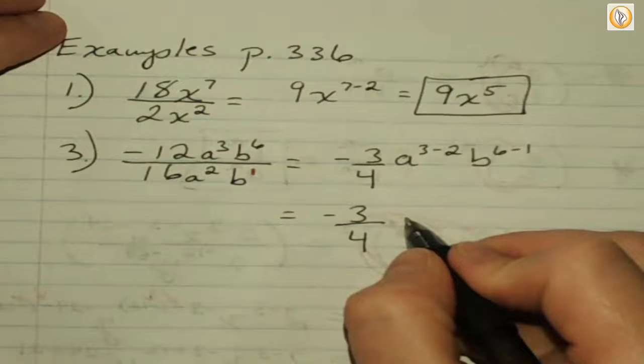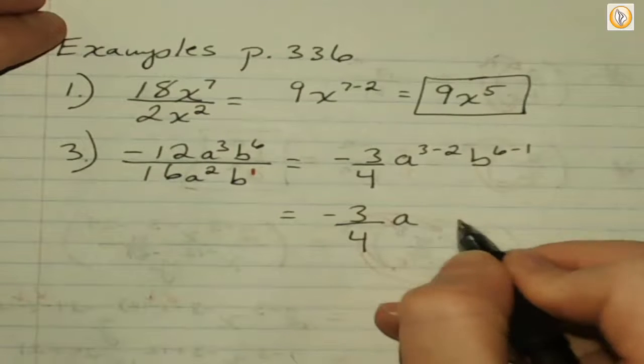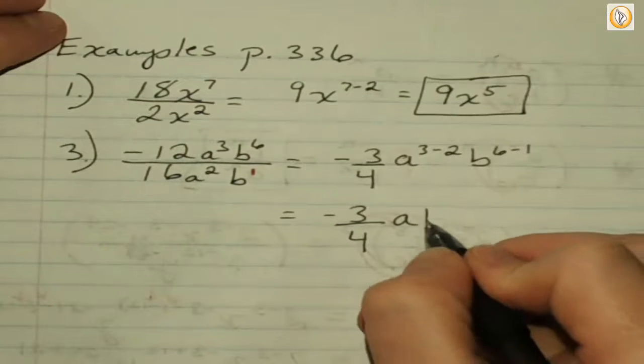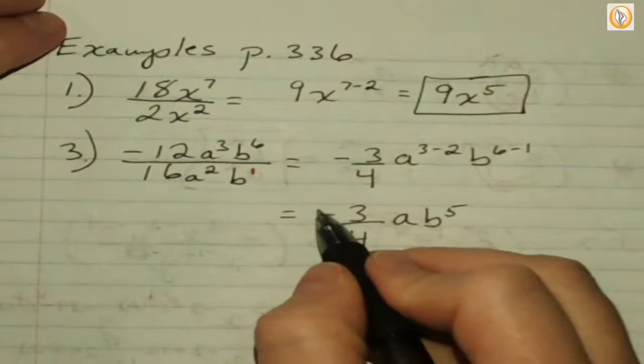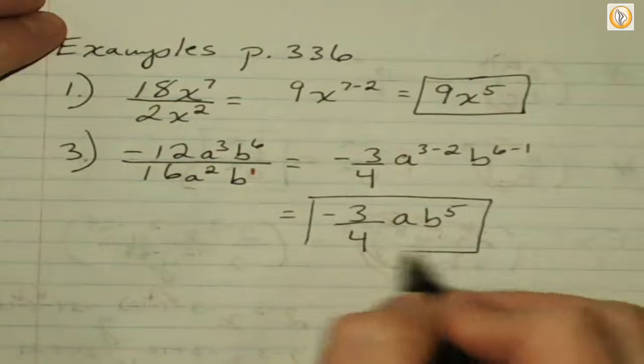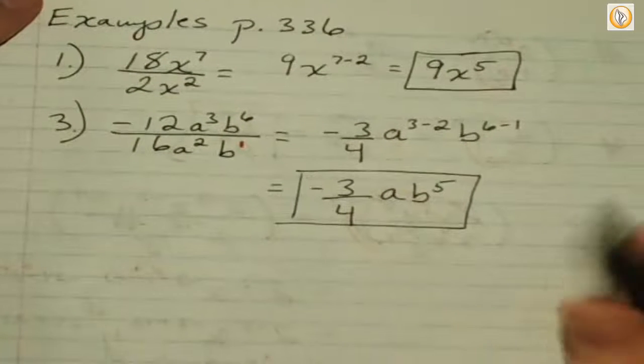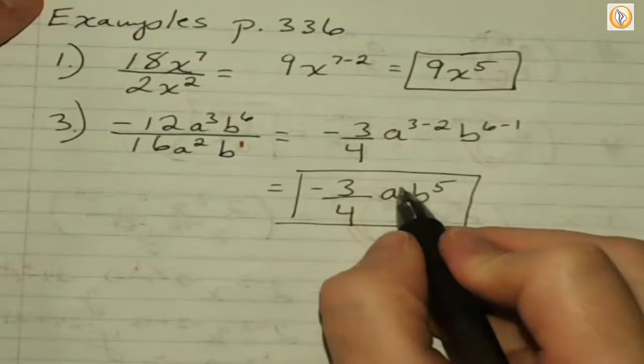I'll let Gabby tell me. A times b to the 5th power. There you go. Because 3 minus 2 would be 1, so it's like nothing. If you're upset, you can put a 1 here.